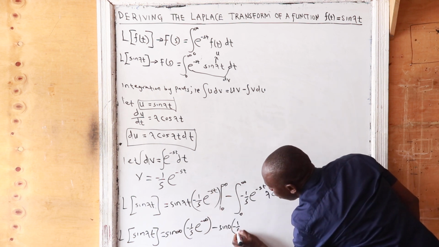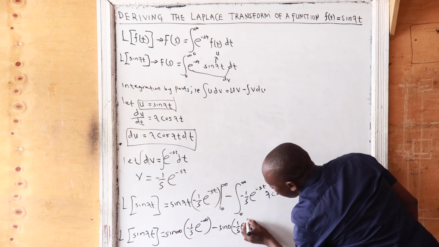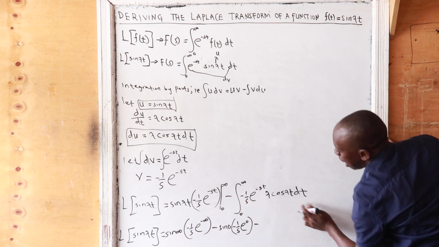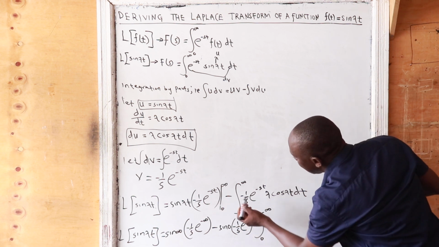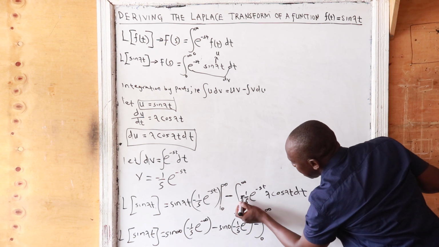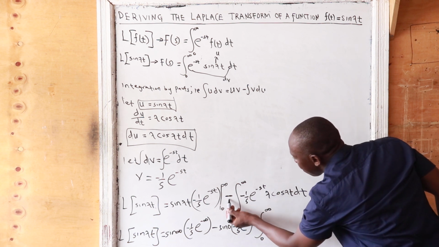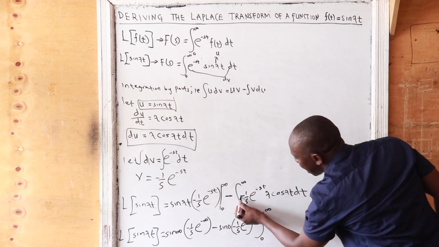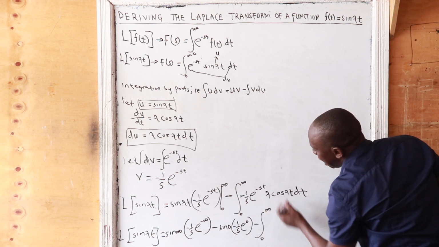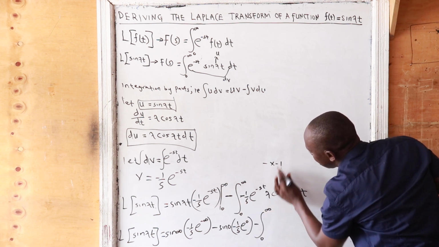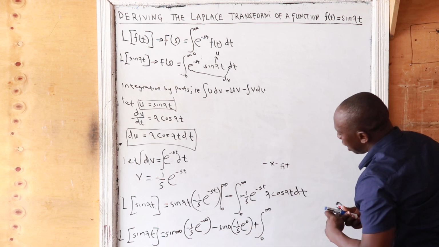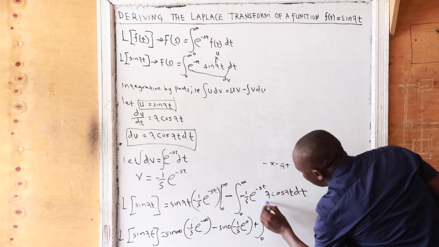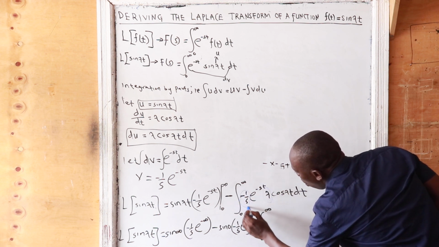It will be minus 1 over s exponential 0, minus the second part of the equation, the integration from infinity to 0. There is this minus and this minus, everything is being multiplied. So a minus and a minus become a plus. Remember, a minus times a minus, you get a plus. There is also lambda and 1 over s.